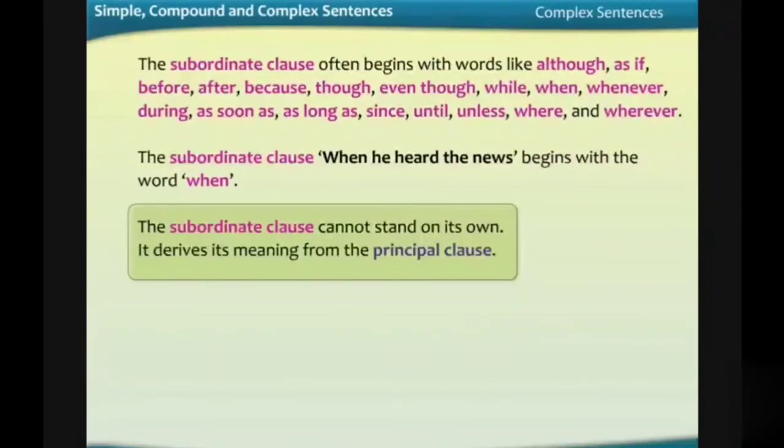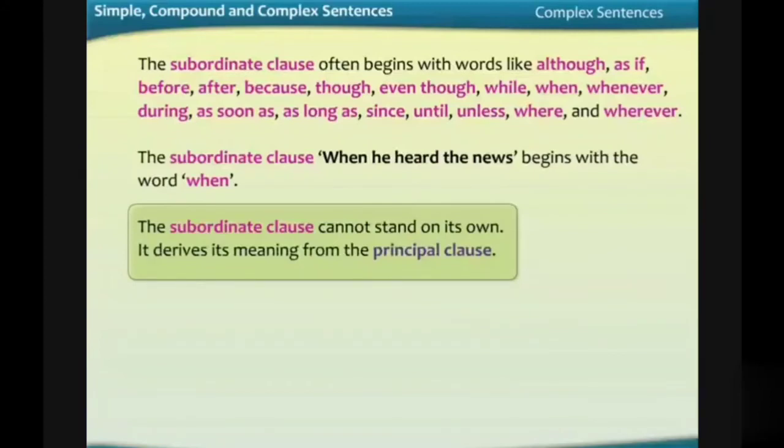So how will you identify that a sentence is a complex sentence? There is a clue for that, and that is the subordinate clause. We have already studied subordinating conjunctions under the conjunction lesson. A subordinate clause begins with words like although, as if, before, after, because, though, even though, while, when, whenever, during, as soon as, as long as, since, until, unless, where, wherever.